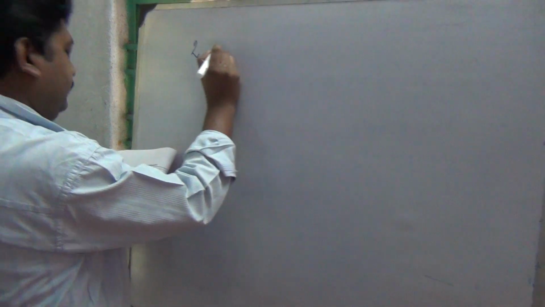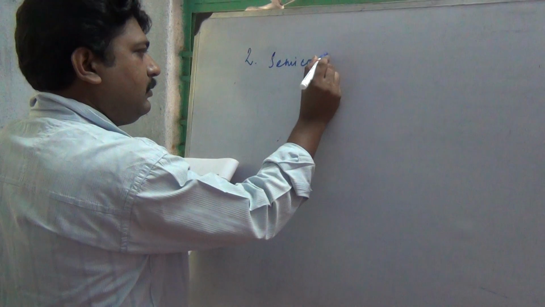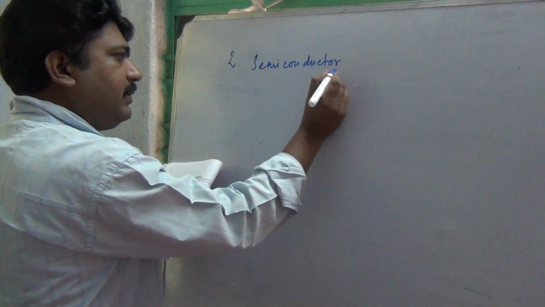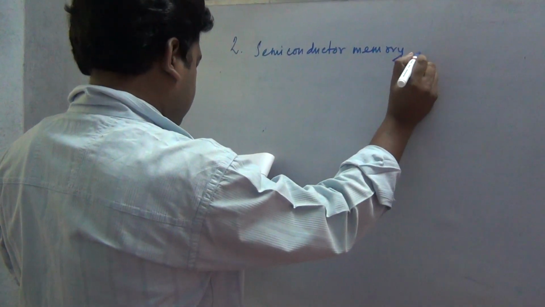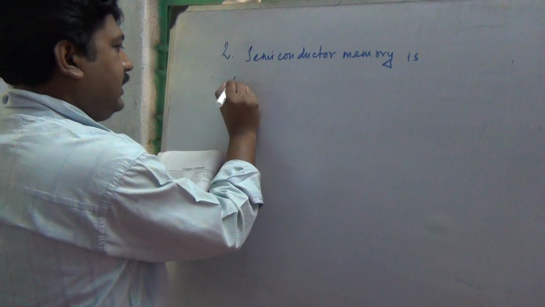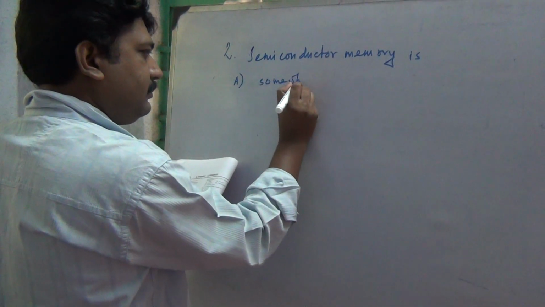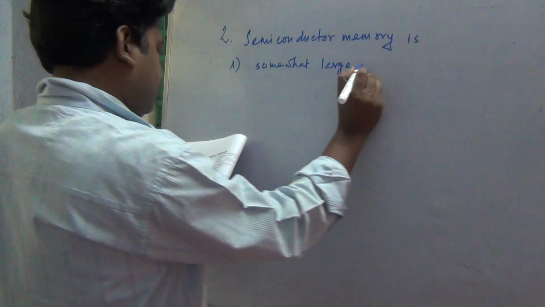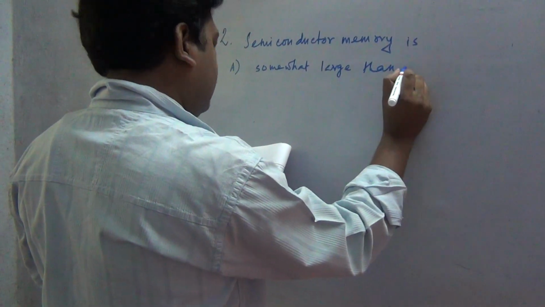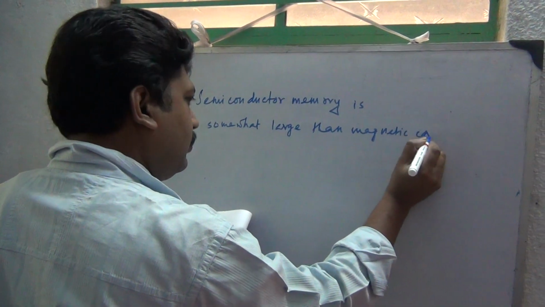Number 2 question. A, semiconductor memory is somewhat larger than magnetic core memory.